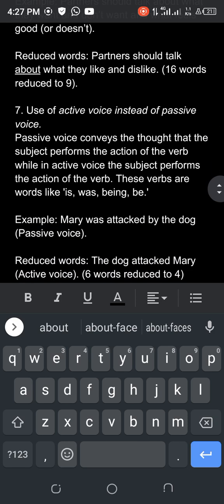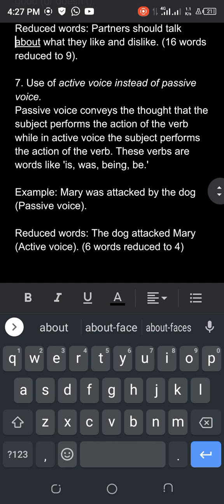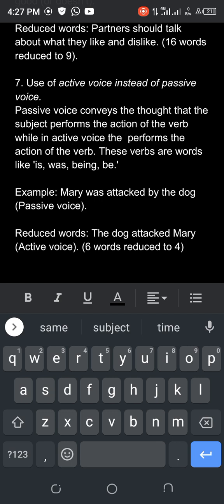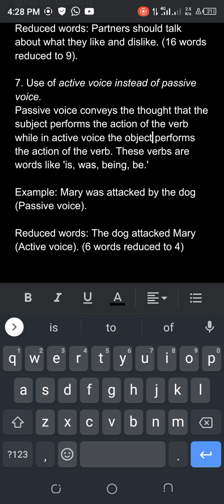Passive voice makes it seem like the subject is the one suffering the action, but for the active voice, the subject performs the action of the verb. Let me change this.